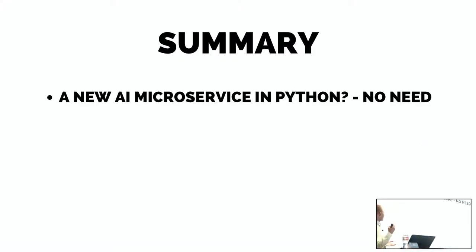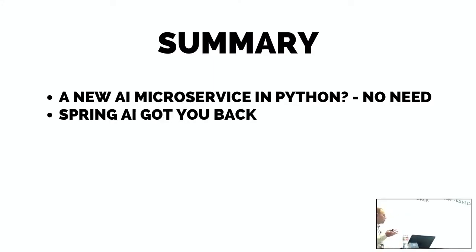If you're learning Spring Boot or Java, or your enterprise uses Spring or Java, you don't have to create a new microservice, because Spring has a lot of integration with existing AI. It has integration with more than 15 models, including OpenAI, Anthropic, Gemini from Google, and many, many more. It has the tools to create MCPs, to consume MCPs, RAG, and all the good stuff that you hear in today's world.